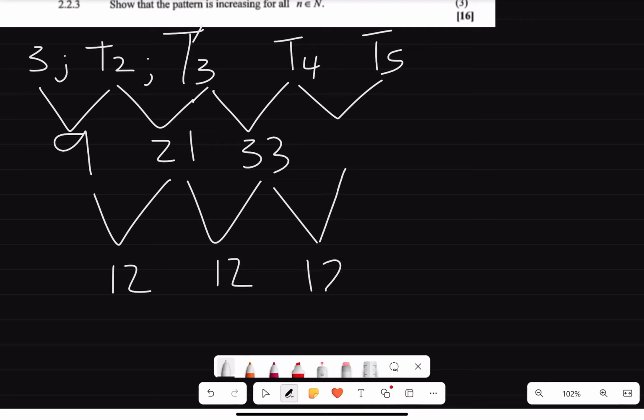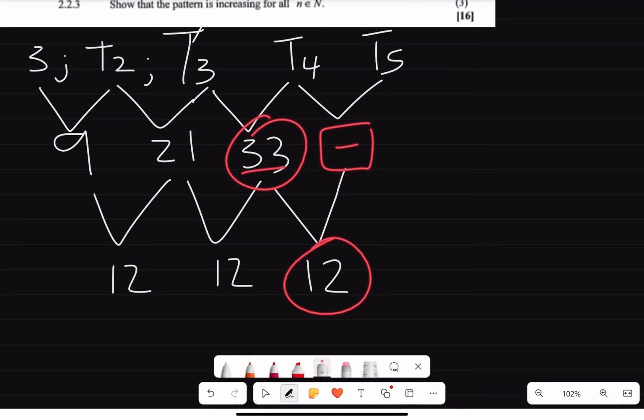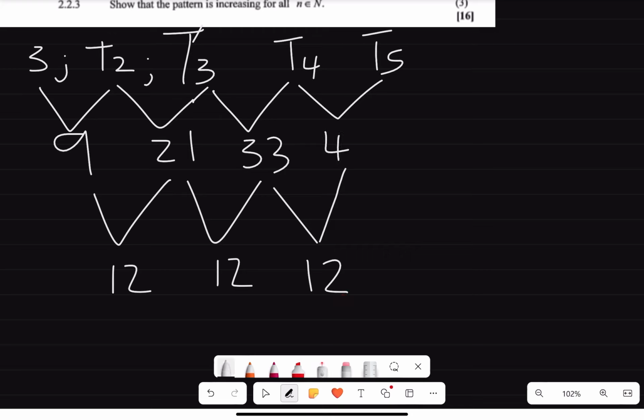We know that the second difference is constant. So which means 12 plus 33 must give us this one, because this minus that gave us that. So 33 plus 12 equals 45. Here we get a 45.